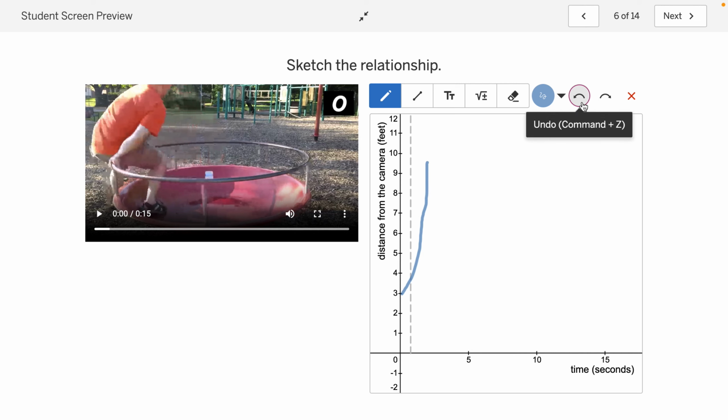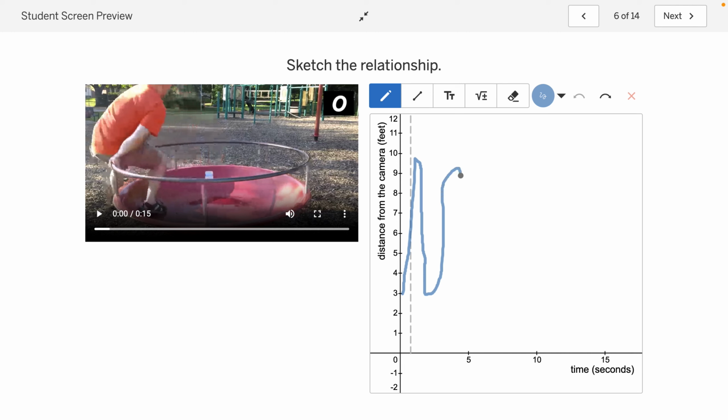Wait a minute. I'm going to redo this one. It's kind of tough to draw. All right. 0 seconds, he's about 3 away. Then at 1 second, he's 9 away. I'm doing the same thing. And then 3, he's back to 0. And then at 5, he's at 9.